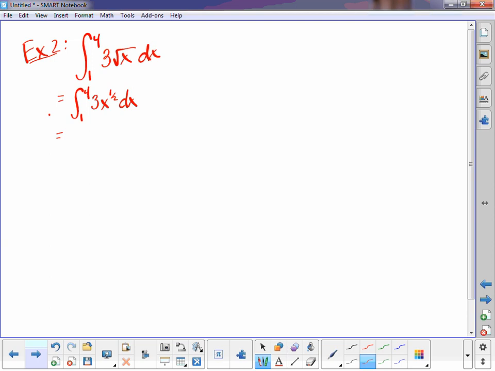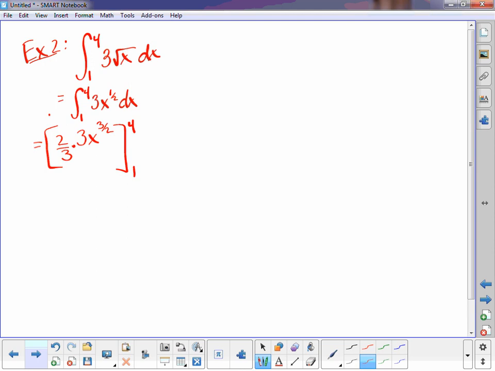So my antiderivative would be 3x to the what? 3 halves, right? And we would have to divide by my fraction. I'm going to multiply by the reciprocal, because I know dividing by the fraction is going to cause me to multiply by the reciprocal. Times 2/3. And again, evaluated from 1 to 4.